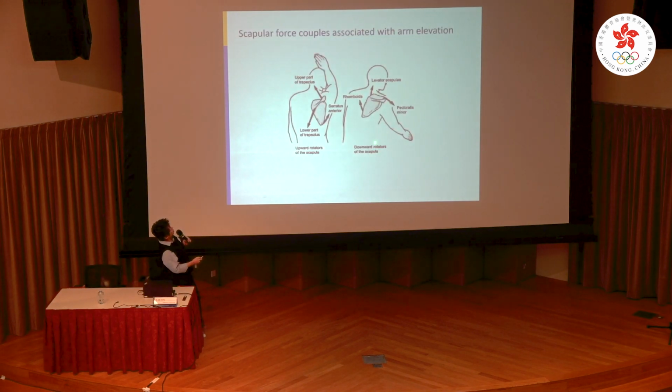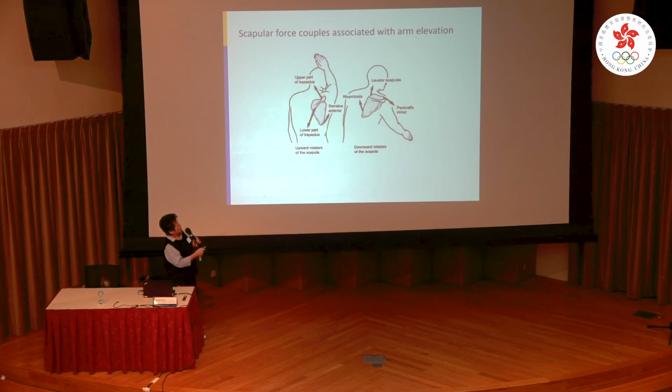Okay, so this shows the importance of the two muscles I have just mentioned as the upward rotators of the scapula. A lot of the time, in people with shoulder dysfunction, these might be the muscles you want to train and work on in the initial phase of shoulder rehabilitation.